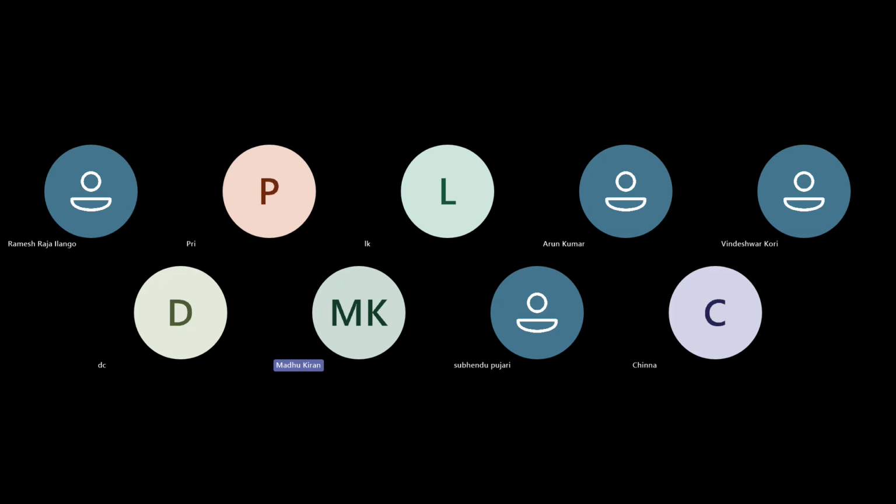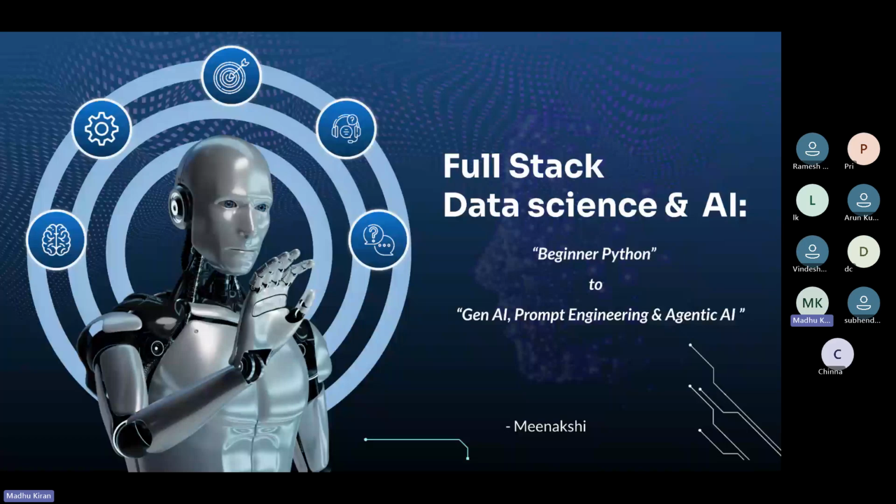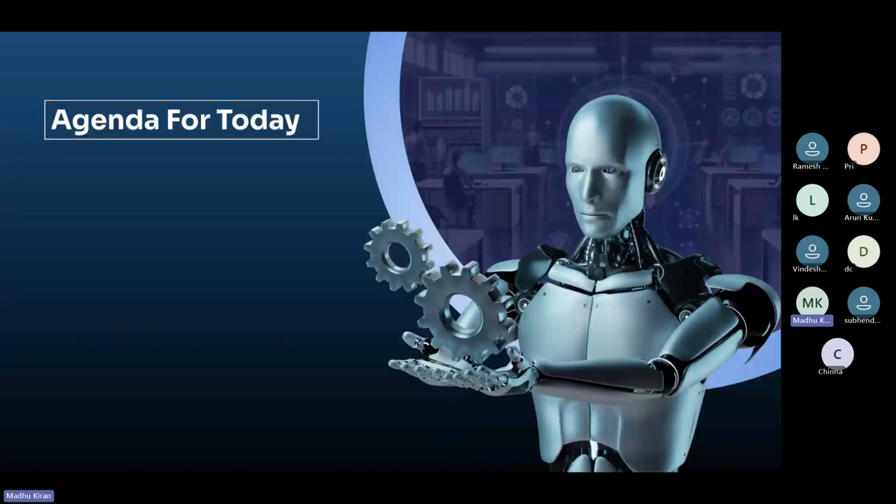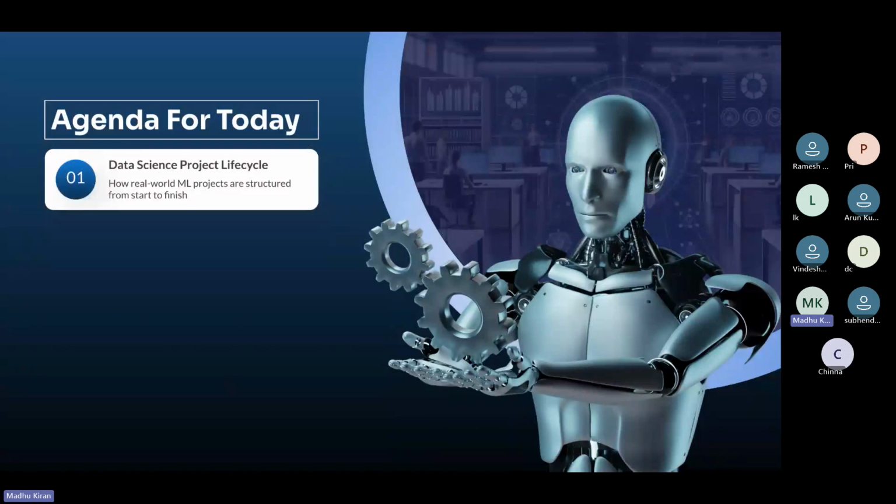Let's start with the agenda for today. First, we'll understand how real-world data science and machine learning projects actually work, the life cycle of data science, to show you how the workflow looks. It's the same workflow companies follow too. Then we'll talk about different career paths and job roles, so that you know where you fit in.